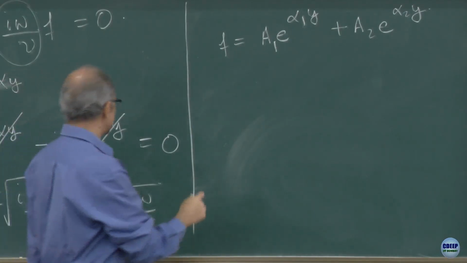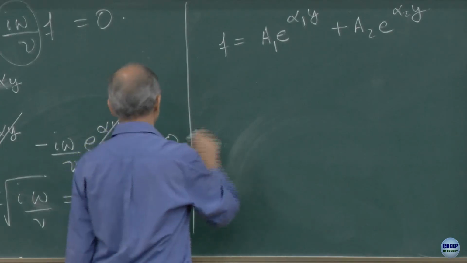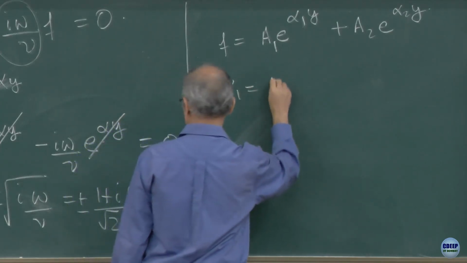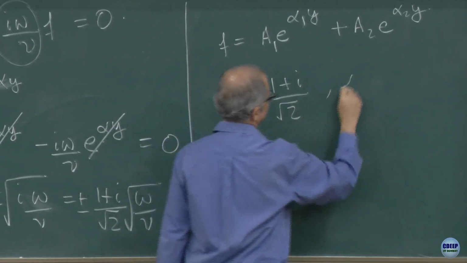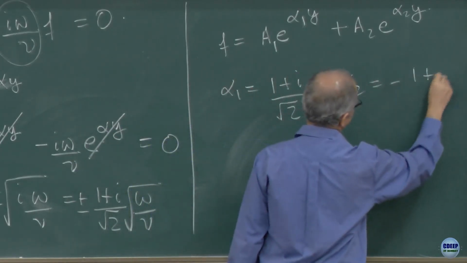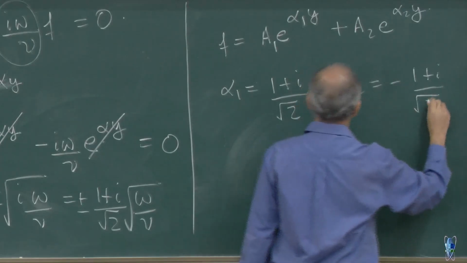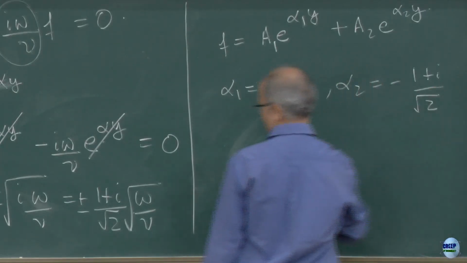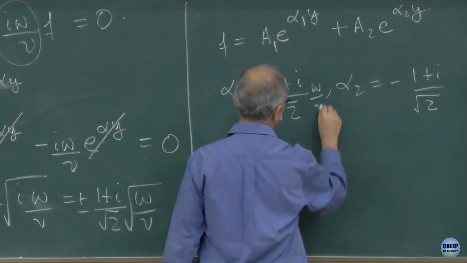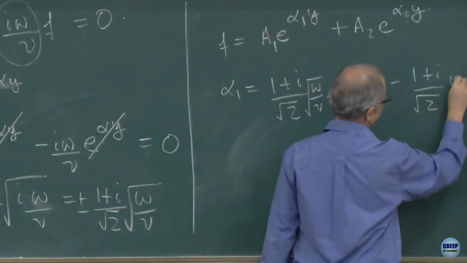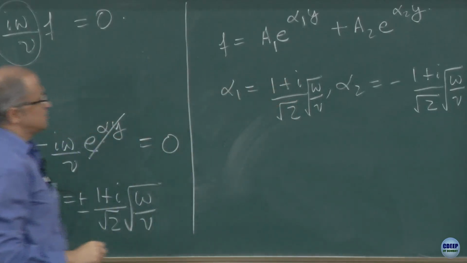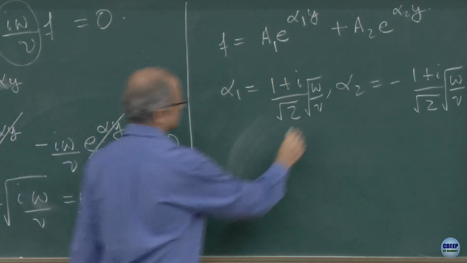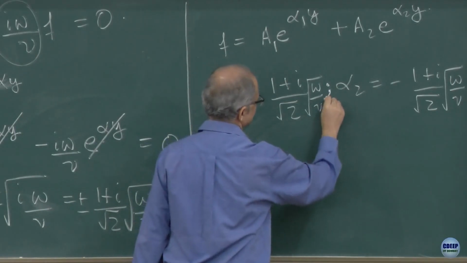Okay. And what is my alpha 1 and alpha 2? So alpha 1 is equal to 1 plus i upon square root of 2, and alpha 2 is equal to minus 1 plus i upon square root of 2, times square root of omega by nu. Okay, so these are my two things that I would have.